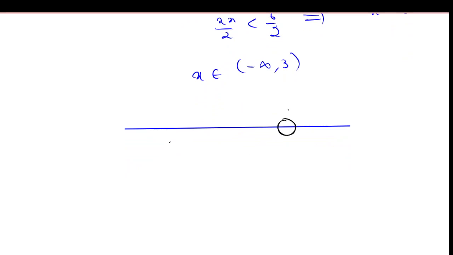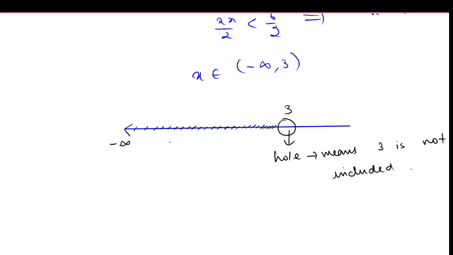This is 3 and this is minus infinity, and these are all the points which are included in the solution set. This is called a hole, which means 3 is not included in the solution set.